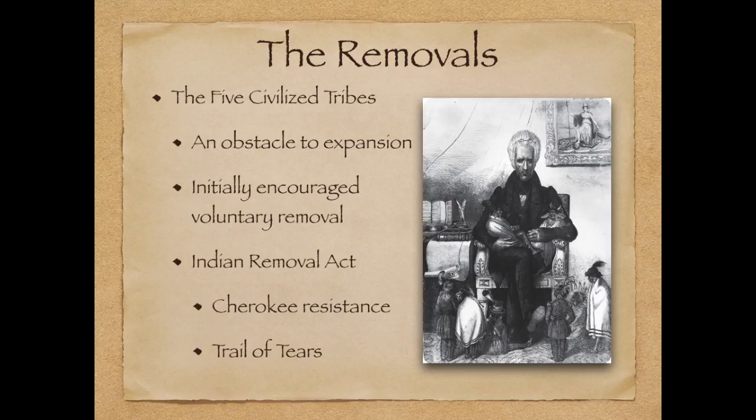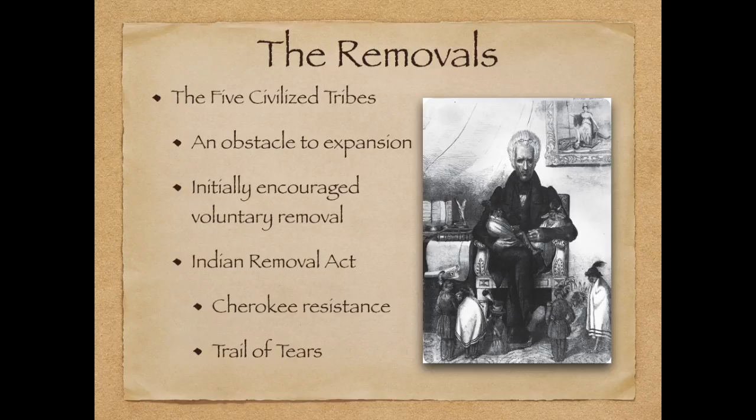In 1838, the Cherokee were removed by force to the new Indian Territory in what is now the state of Oklahoma. They traveled west along what became known as the Trail of Tears because of the miserable conditions that they were forced to endure. They traveled this trail in the winter, a rather harsh winter.